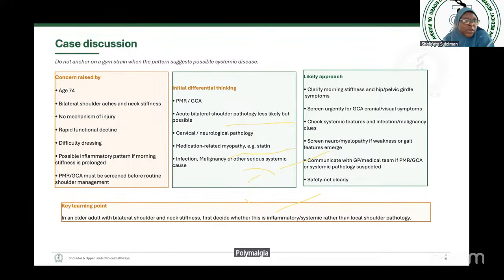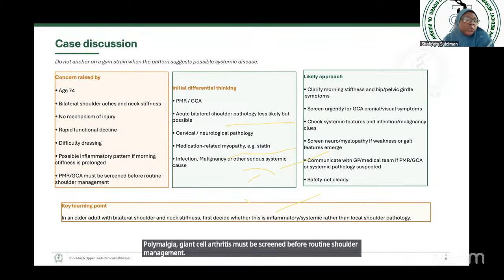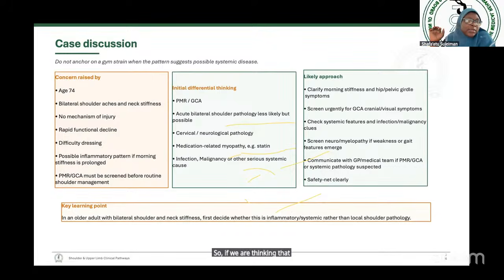Polymyalgia and giant cell arteritis must be screened before routine shoulder management. If we are thinking that it is a strain to both shoulders, we definitely need to screen for systemic inflammatory causes before we assume this is coming locally from the shoulder.